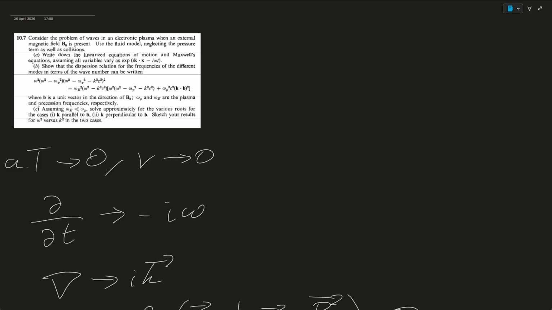At low frequencies, the negative branch would create this kind of whistler mode, which is very dispersive. I guess a sketch would just be of omega squared versus k squared, a flat line at omega p squared, and then two curves originating from there that are asymptotic to k squared c squared.